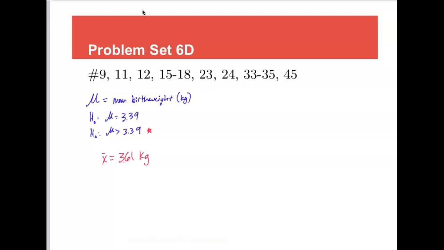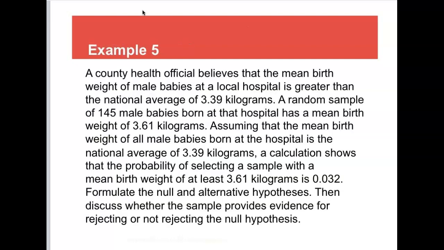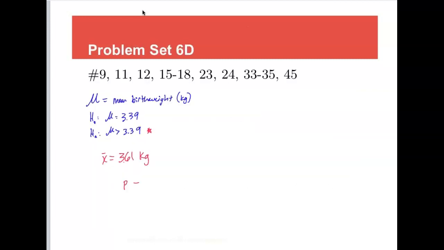Well, they gave us a p-value of 0.032. That probability is the probability of getting a birth weight this large or larger if the mean birth weight is 3.39. So that's relatively unlikely. There's only a 3% chance of that happening randomly, right?